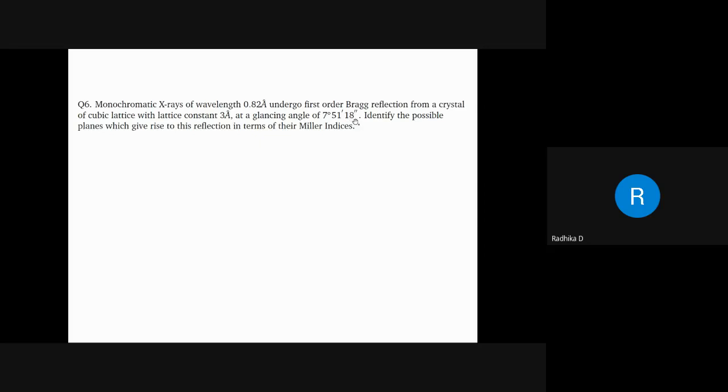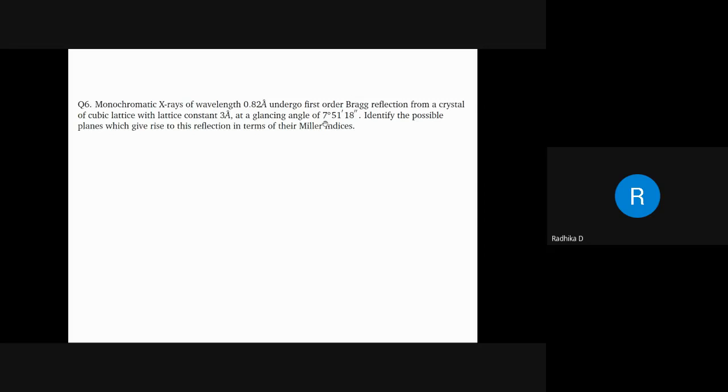What is not given, or what am I being asked? You have been asked to find the Miller indices. What are the different planes which can produce this kind of diffraction in terms of their Miller indices? That means you have to find the value of hkl. So this is very different from the previous one. What we are going to do is, you have lambda, you have n, you have theta.